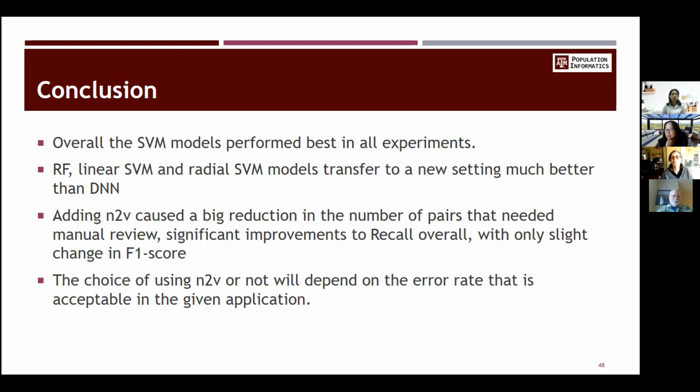It can improve the recall overall, but with only a slight change in F1 score. So the choice of using the name2vec feature or not depends on the application that we have and on how much error we allow in our process.